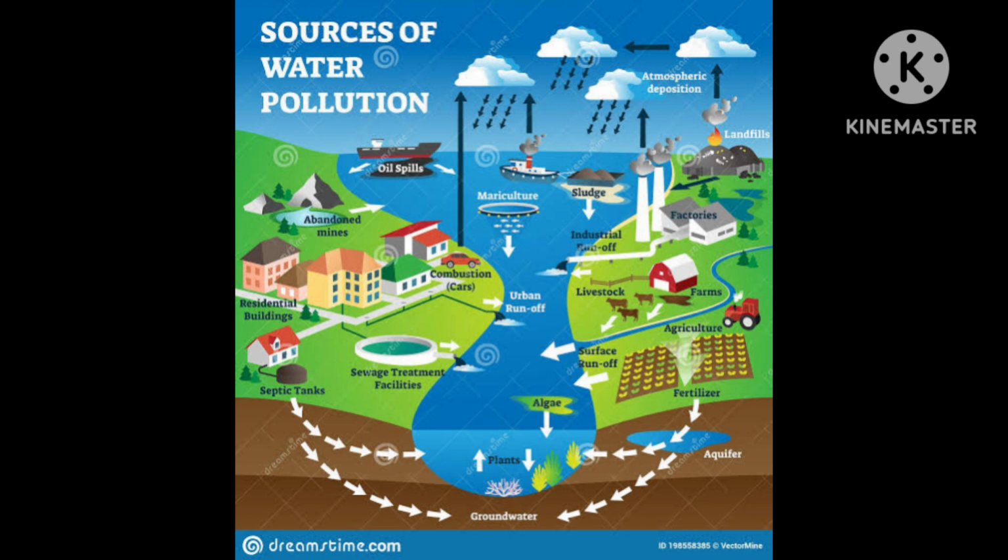BOD is the amount of oxygen required by bacteria to break down the organic matter present in a certain volume of a sample of water. This is called BOD, biological oxygen demand. The amount of BOD in the water is a measure of the amount of organic material in the water.